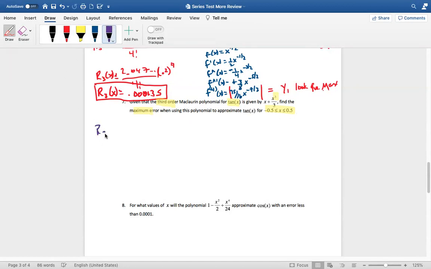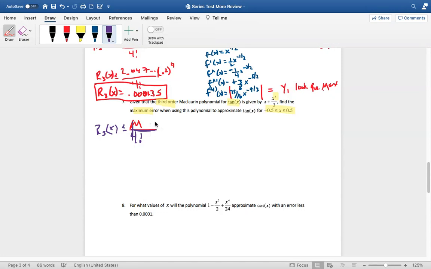So again, you're dealing with what is the remainder after the third order? M over the next factorial.